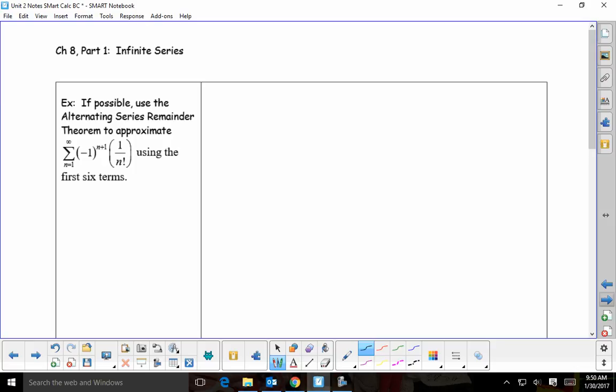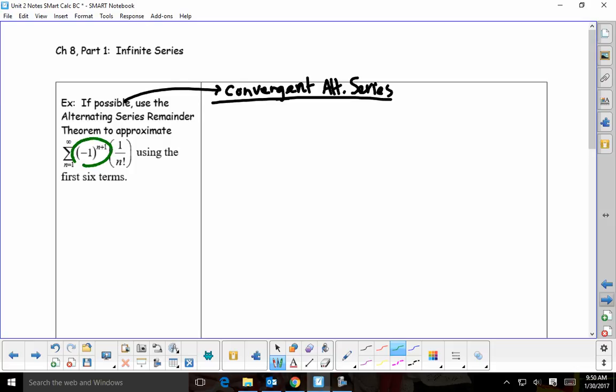It's convergent, okay? So if possible means I first have to show that it converges. I'll put convergent alternating series. Well, is it alternating? Yes. Yeah, there's my alternating part, right?